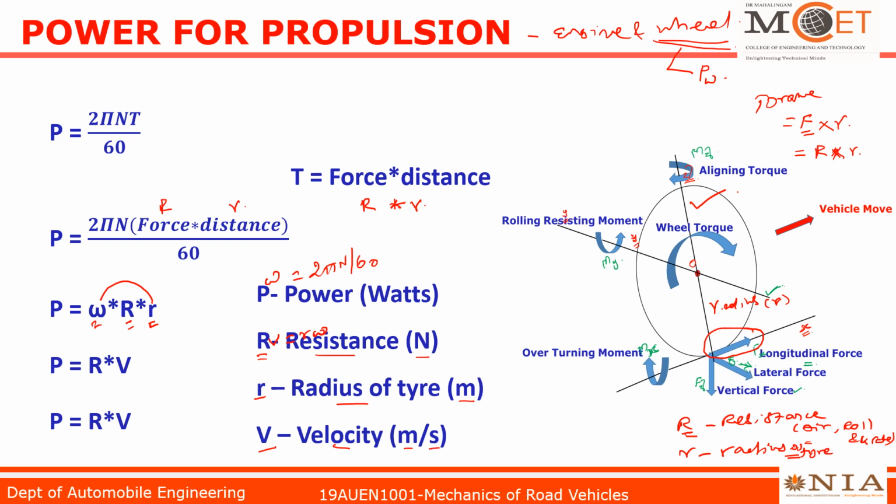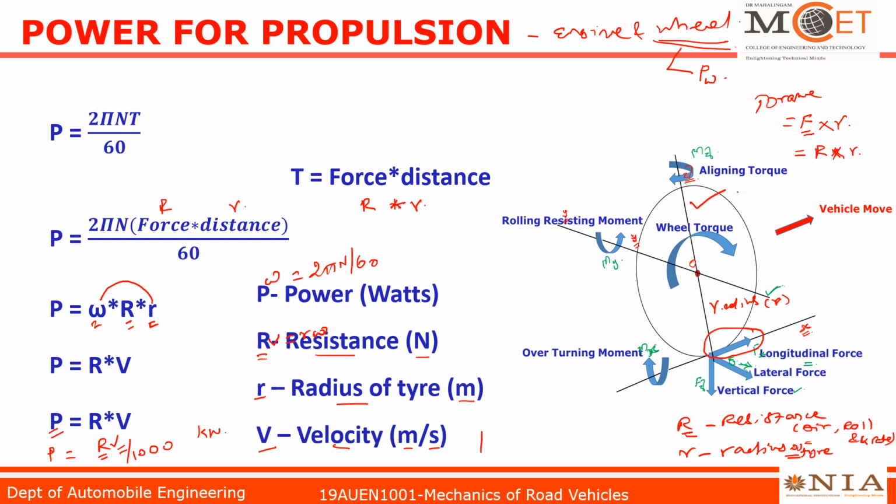If you want to calculate the power available at wheel, that is required to propel the vehicle, in kilowatt, we can calculate by P equal to RV by 1000, which gives the value in kilowatt. Here we have to apply the resistance in Newton and vehicle velocity in meter per second.